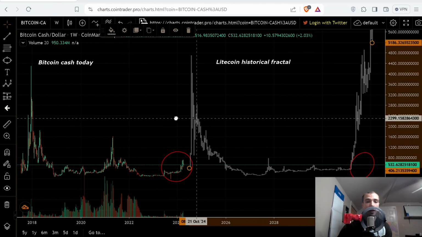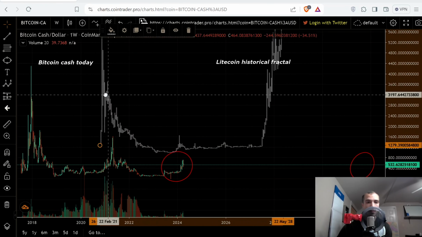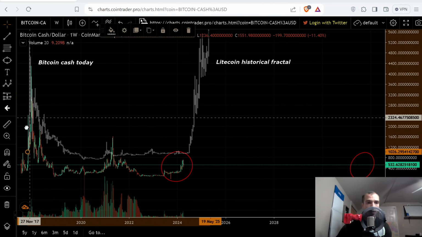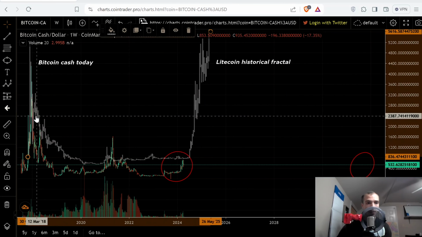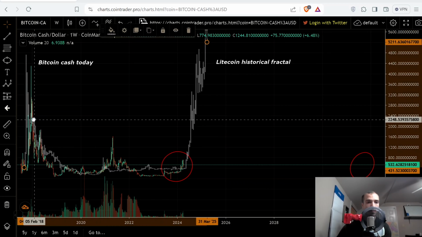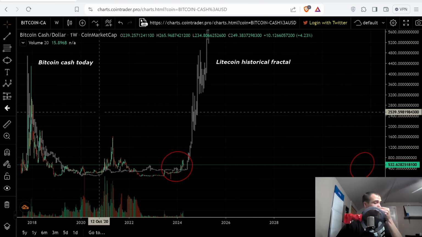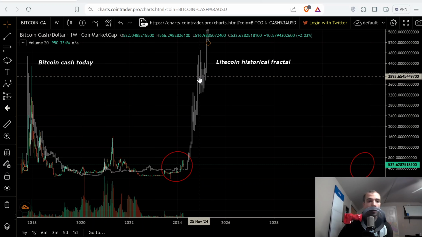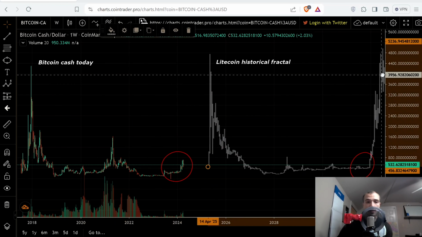And actually, if we lay over the Litecoin fractal, if we take it and we lay it on top of the Bitcoin Cash fractal here, you'll start to see just how similar these two charts are, right? This again is why they say history repeats itself.